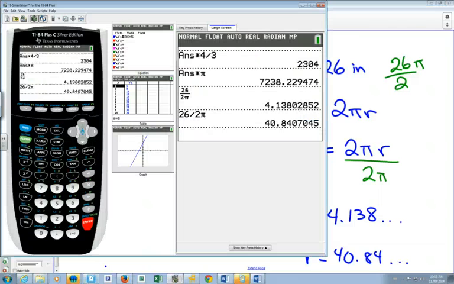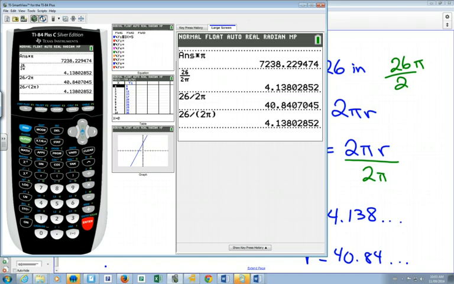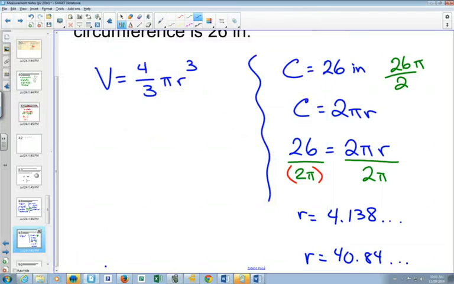So when I go back to my calculator here, I could have done 26 divided by bracket 2 pi, and then we would have got the right answer as well. So better that you make the mistake while we're doing our notes than make it on a quiz or on a test. So let's put an X through this one.